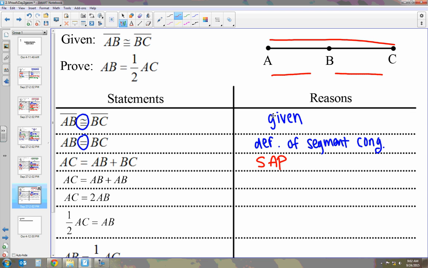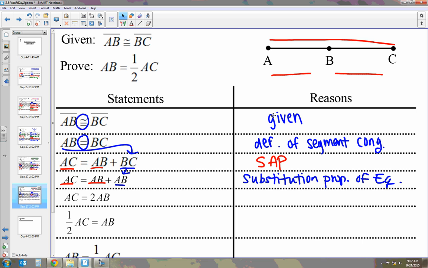Next, I notice that AC is the same, and AB is the same, but BC and AB have changed, and the line above it, AB is equal to BC, so I substitute in the AB for BC, and that is substitution property of equality. Next, I notice that I combine like terms.